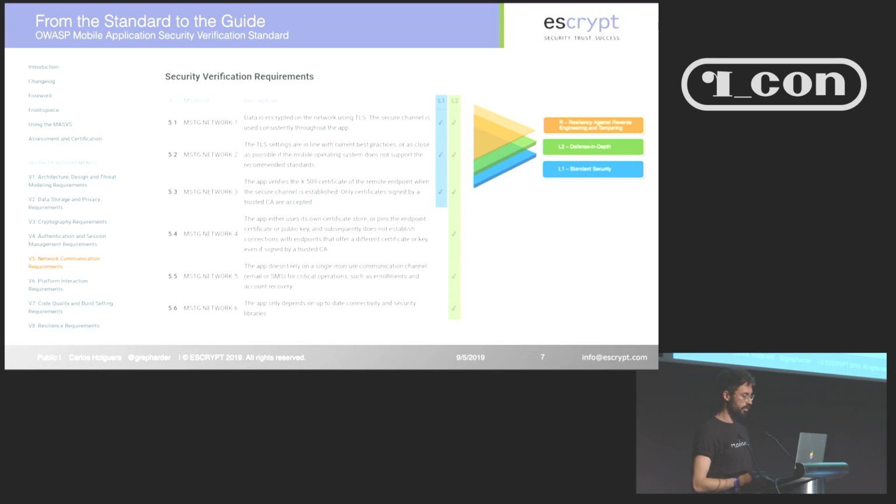So we will be talking about data storage, networking, protecting the app, so resiliency, etc. So in this example, we have some of the network requirements. And all the requirements will be categorized by some levels that you see on the right side.